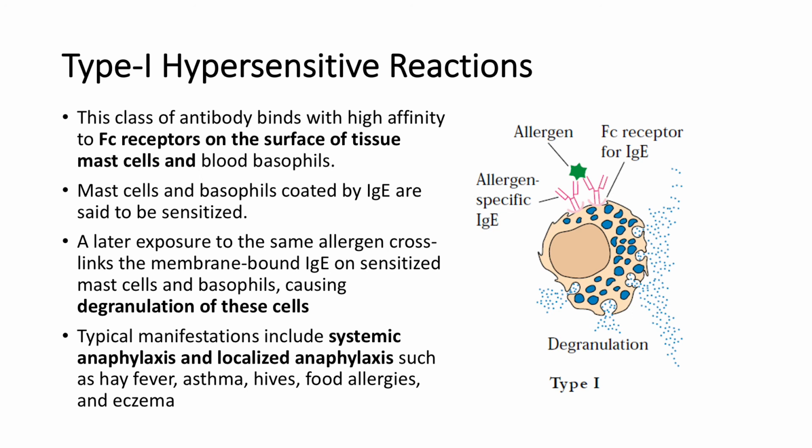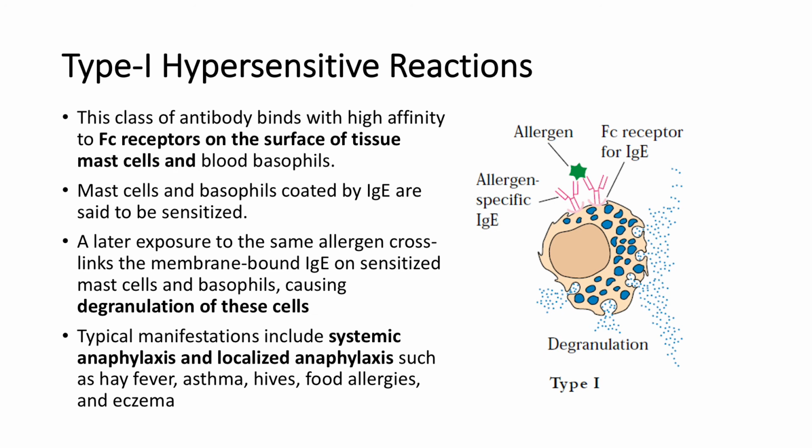You see the green one, that is the allergen. When re-exposure to this allergen happens, the Fab sides of two antibodies bind to the same allergen, which is green in color. This is called cross-linking, which in turn results in degranulation of these cells.